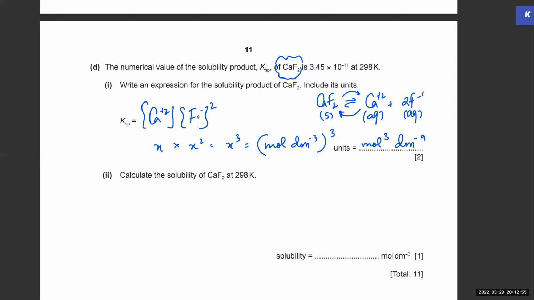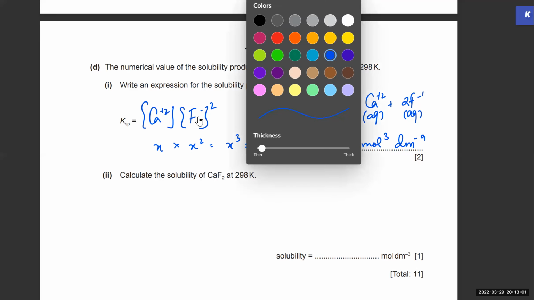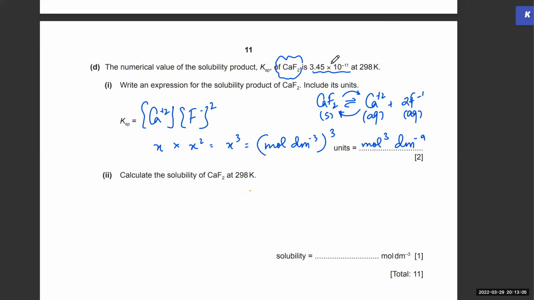And he's given me the Ksp value. That is also provided already. So he's asking about the solubility of calcium fluoride. When he refers to solubility, what he means is the concentration of calcium fluoride, how much of it dissolves. We don't know what the amount is.